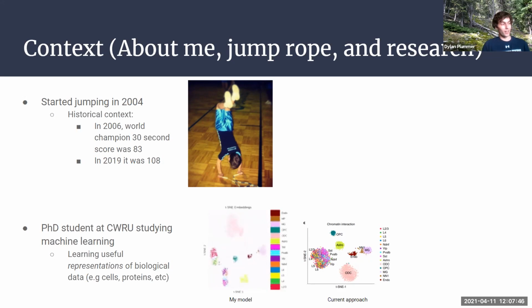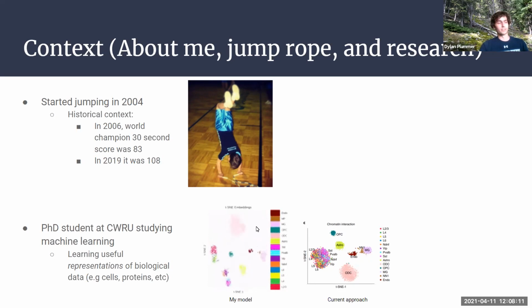And then right now I am a PhD student at Case Western studying machine learning. Specifically, I try to learn useful representations of biological data. I won't go into too much detail, but this is just an example of some of my current research, where every one of these points represents a cell, and we have data about the 3D structure of that cell's DNA, and we want to separate those cells and distinguish the different types.